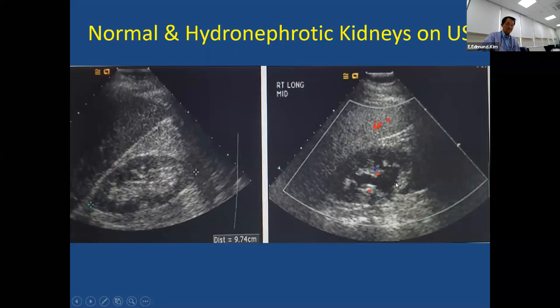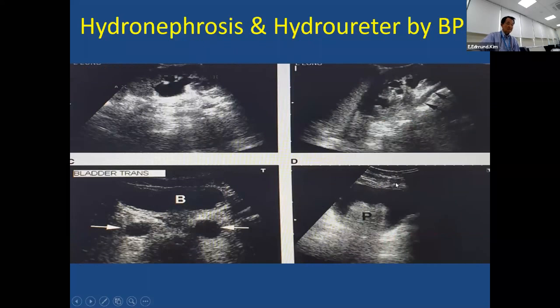So that's hydronephrosis, a water-like, echo-free area or dilatation. And this is a thin cortex here. And there's a prostate embedded into the urinary bladder. So the prostate is enlarged, and the distal ureter is dilated.